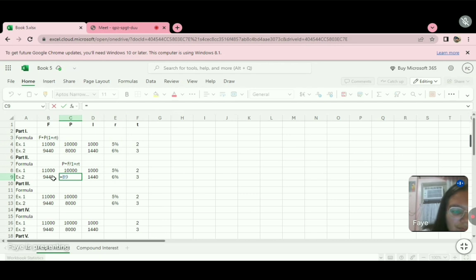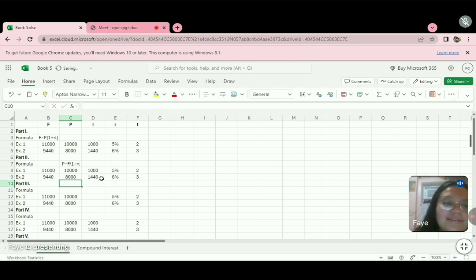It is equal to 9,440 over quantity 1 plus R multiplied by T. Oh, there, 8,000. Sorry for the mistake.